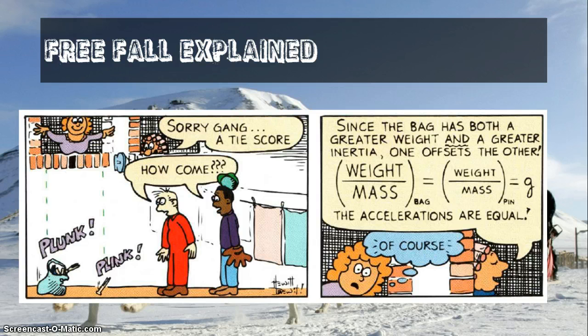So that force or that weight, if it's bigger, the mass is also bigger. So you're taking a bigger number and dividing it by a bigger number, whereas with the pin, you're taking a small number, but you're only dividing it by a small number. That's why all accelerations are equal to g.